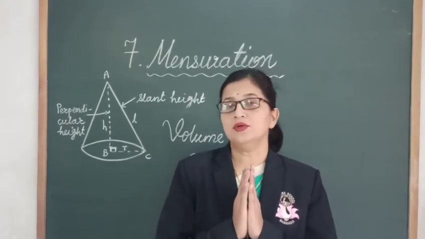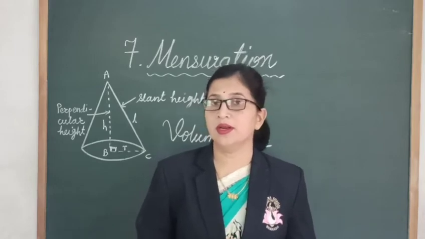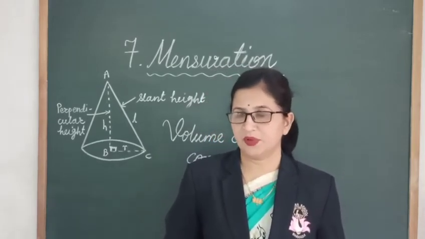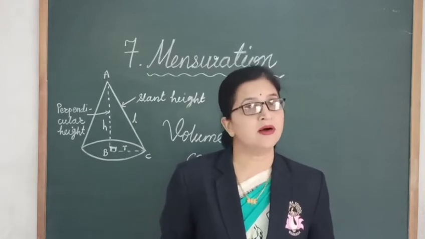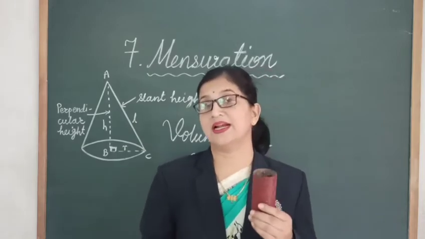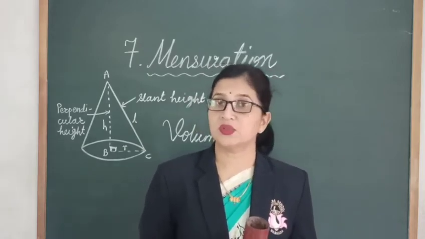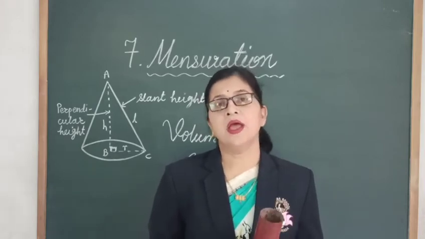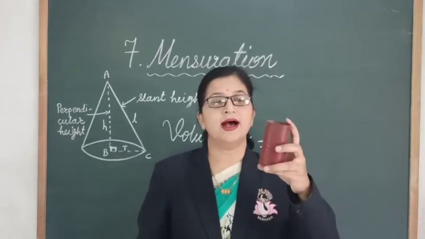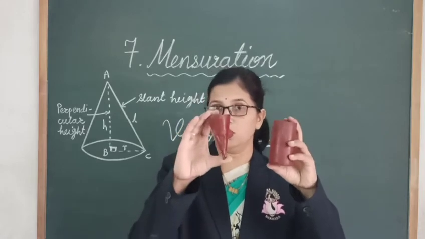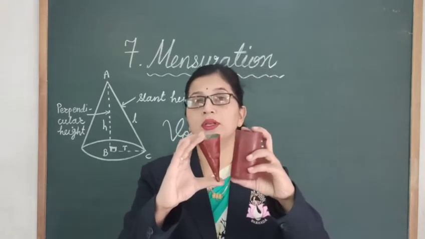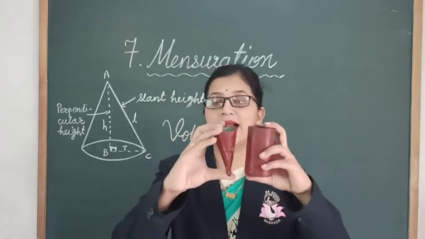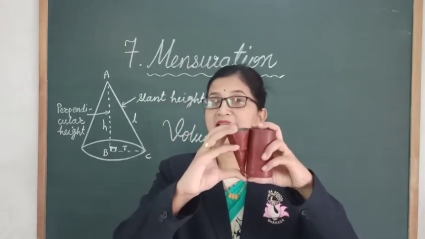To find out the volume of a cone, let's go for one activity. We have studied the volume of cylinder, that is pi r square h. Now here we have a cylinder and a cone. The speciality of this cone and cylinder is that they both have the same height as well as the same radius.